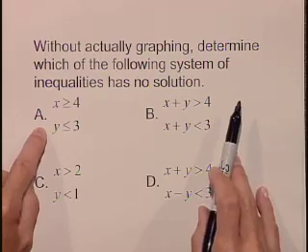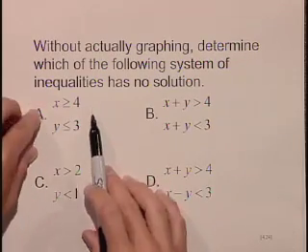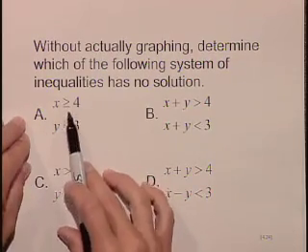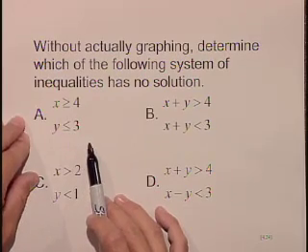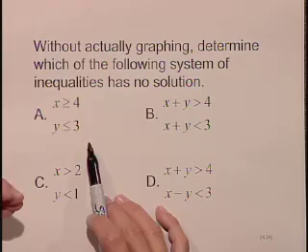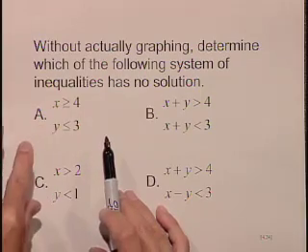Considering part A, here we have a system of inequalities where x is greater than or equal to 4, and y is less than or equal to 3. Let's see if we can think of a point that actually satisfies this system.